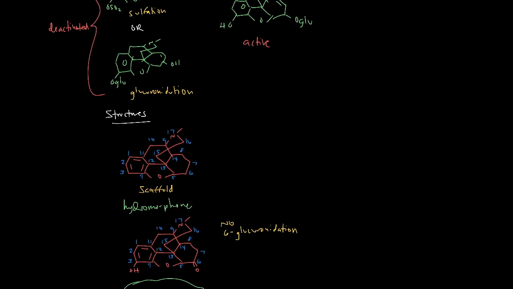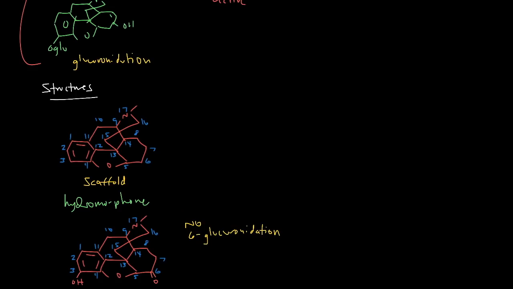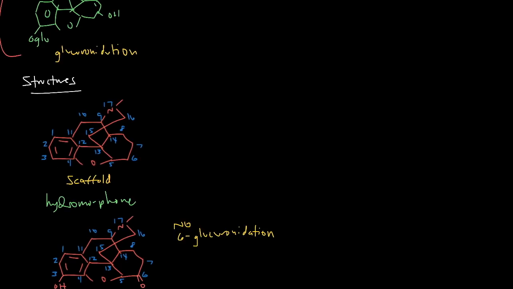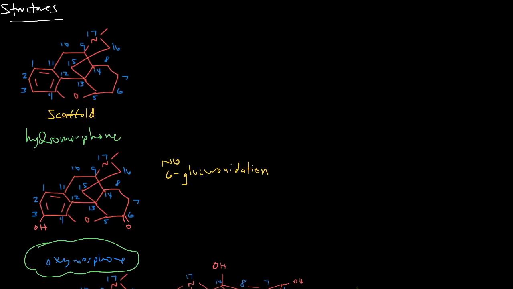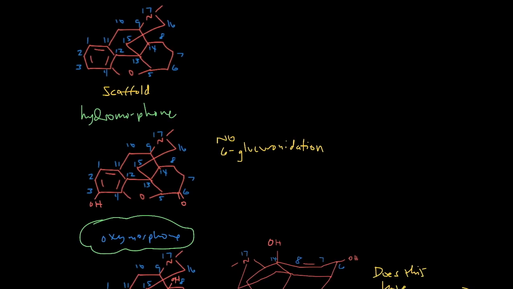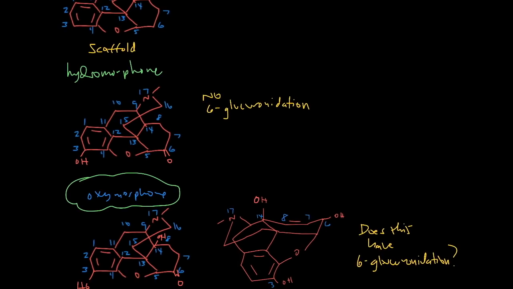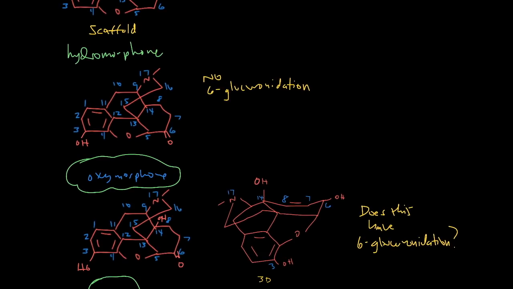Let's see. So, I'm going to explain the SAR in terms of all the different structures for the morphine derivatives, and I'll explain how everything gets their name, which you can apply to the codeine series. So, we'll start off with hydromorphone. It gets its name because "-one" means ketone.